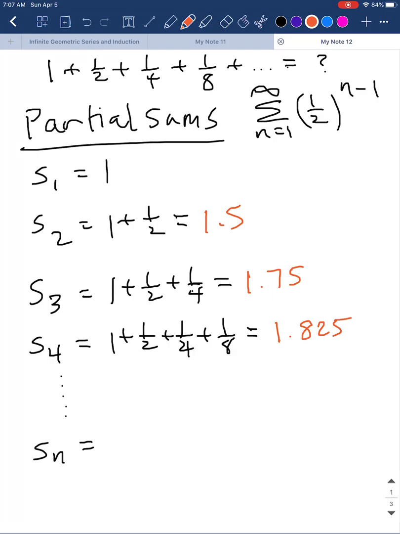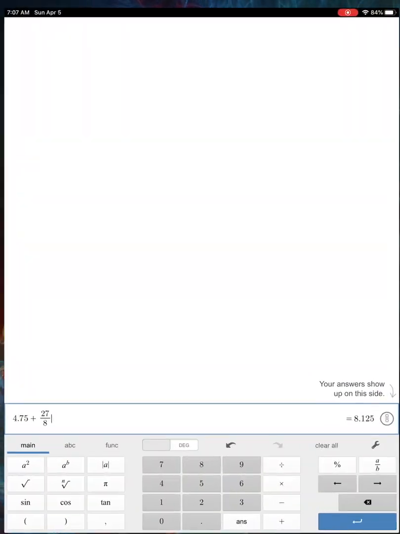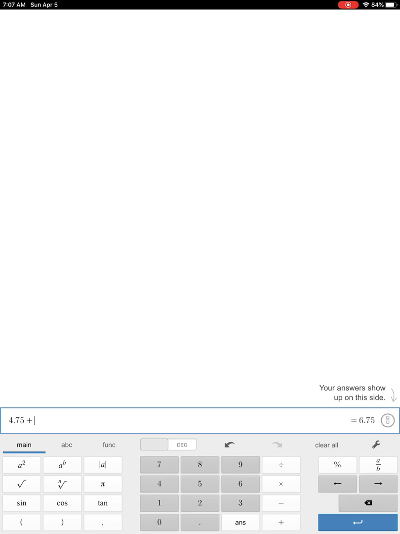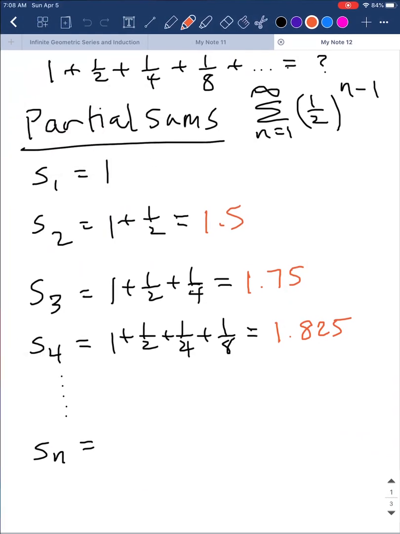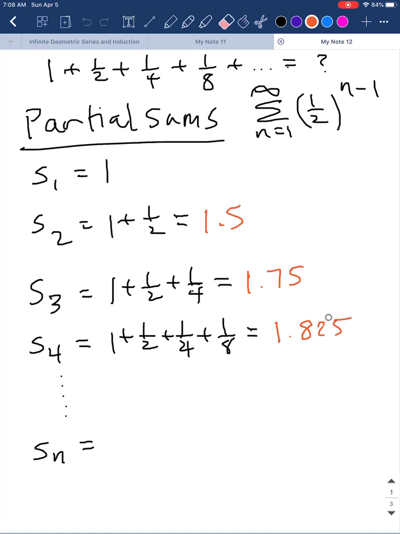1.825, I believe. Let's check that. .75 plus 1 divided by 8 is 1.875. It's off by a digit there. Okay, so 1.875. So now, if we look at the first 4 terms, clearly we don't have the same rate of increase, right?